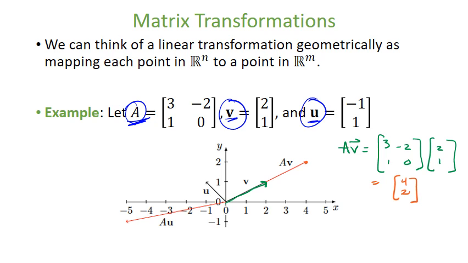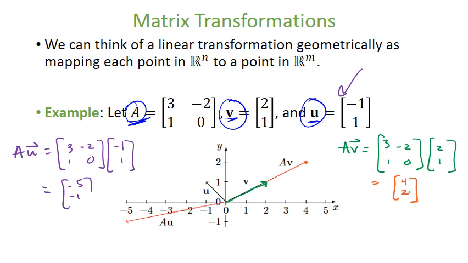The same thing occurs when you transform vector u as well. So A times vector u is equal to -5, -1, which is here.